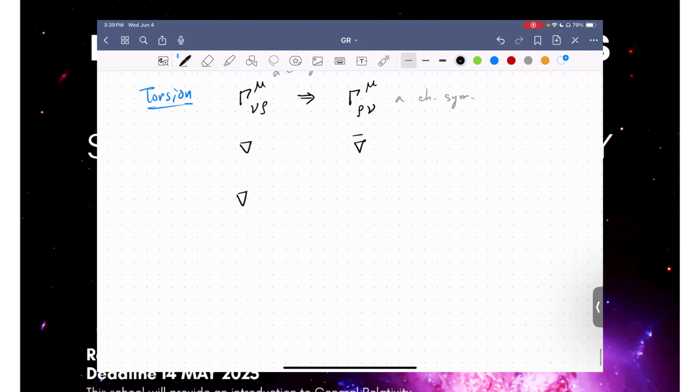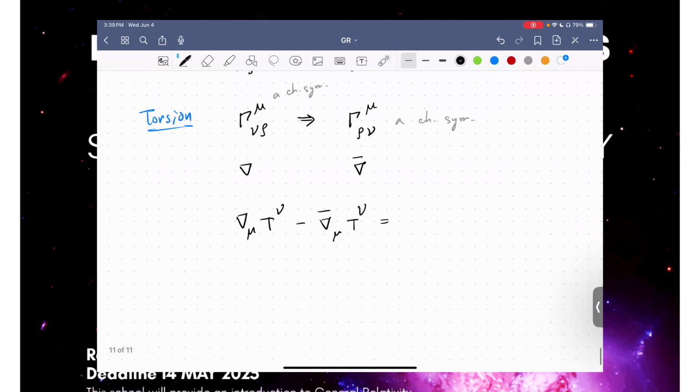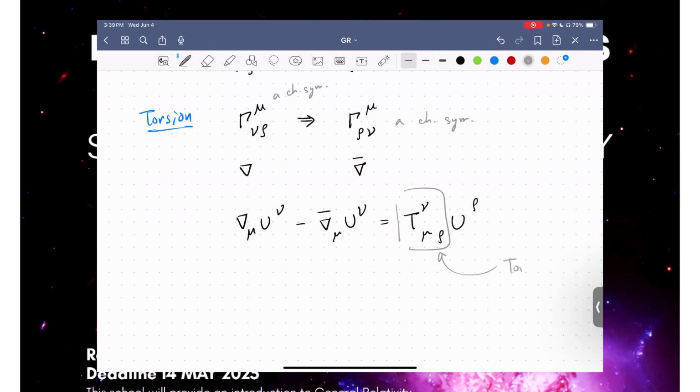Now the difference between these two objects is going to define a tensor. This is unfortunate notation. Let me use U because I'm going to use T for this particular tensor. And this is called a torsion tensor.